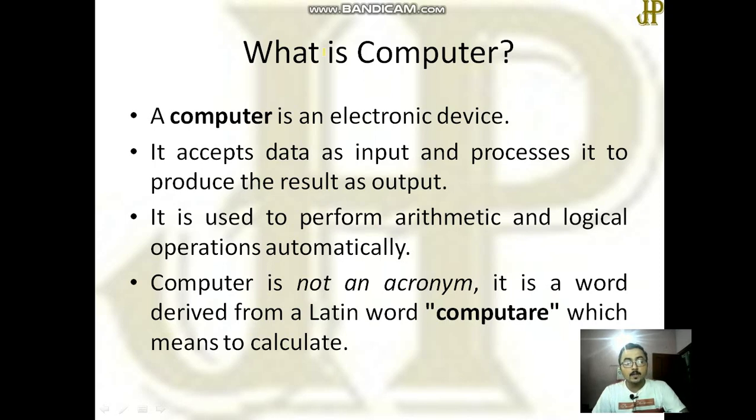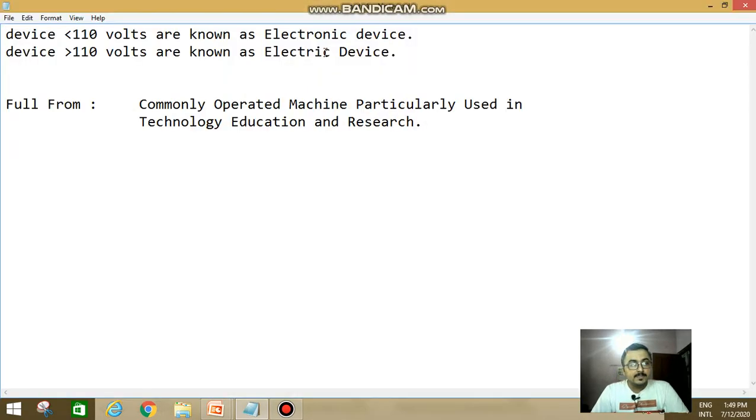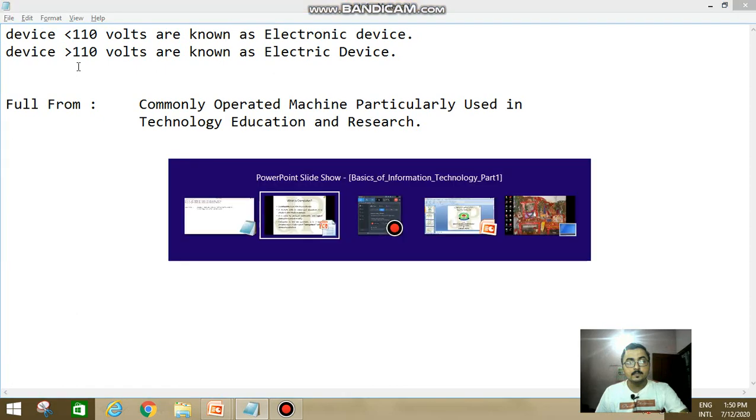I am not going in depth, but the basic difference is the devices who work lesser than 110 volts are known as electronic devices, and the devices who work greater than 110 volts are known as electric devices. I hope you understand which device is known as electric and which one is electronic.